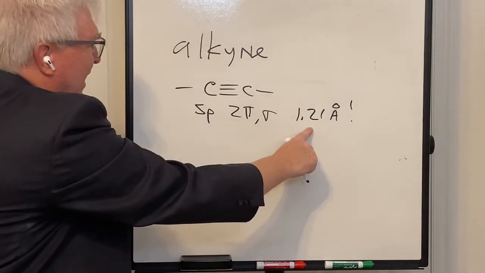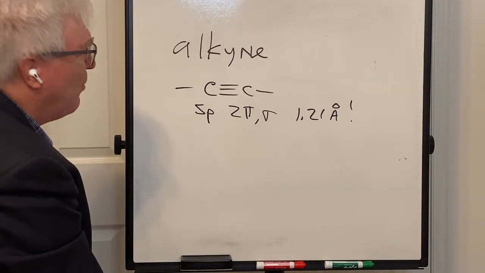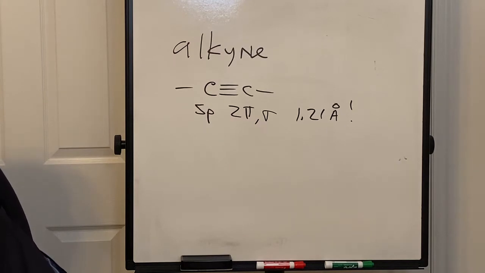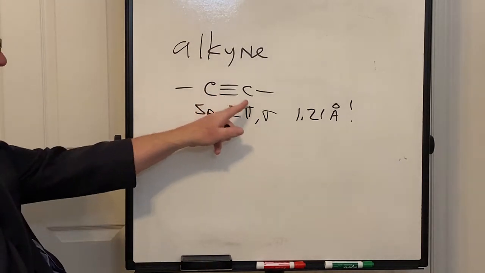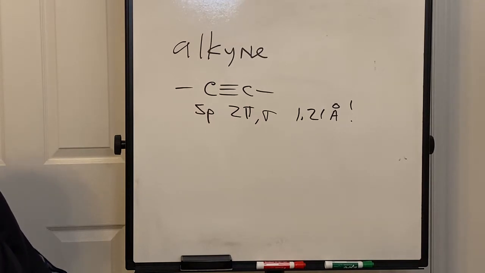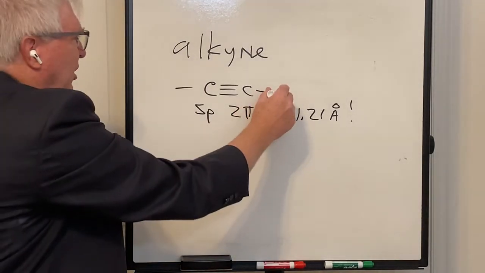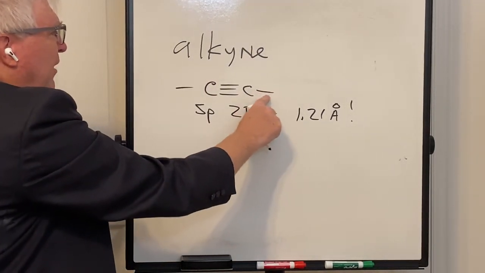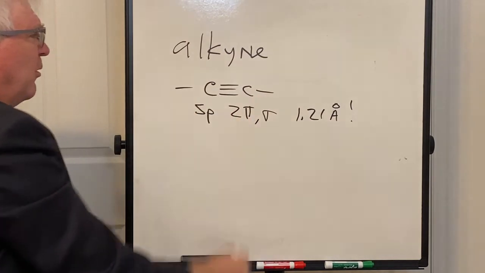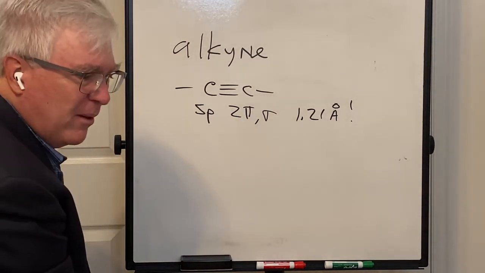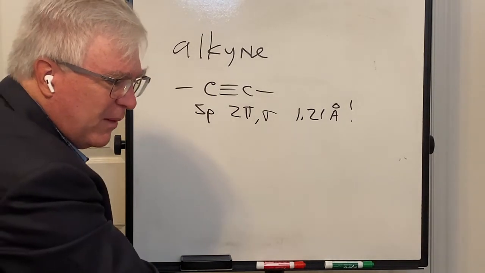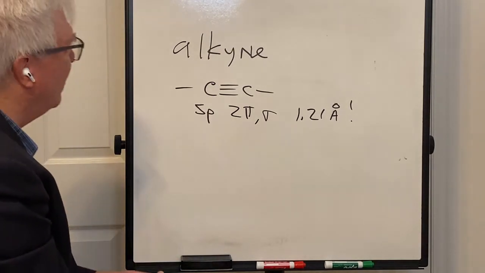So remember we had alkene was 1.34 angstroms, and a regular alkane carbon-carbon single bond is 1.54 angstroms. That's the longest carbon-carbon bond. The carbon-hydrogen bonds or carbon-carbon bonds on this side also shrink down a little bit relative to sp2 and sp3 hybridized carbon. Yeah, I think that's all we need to do there.